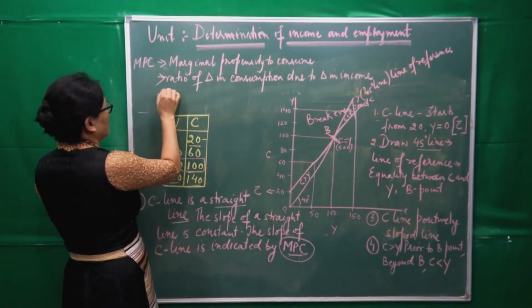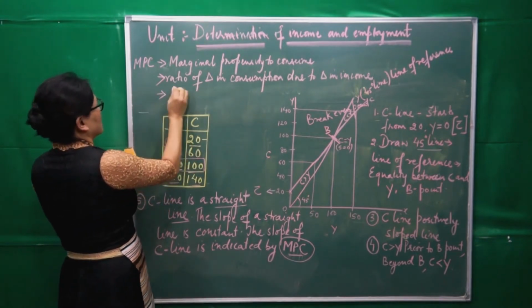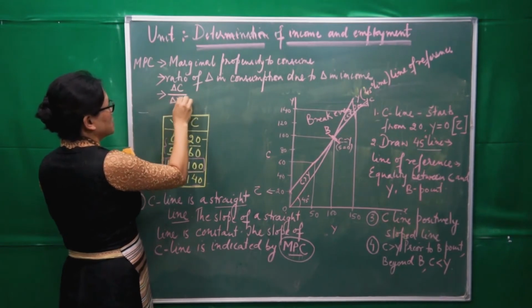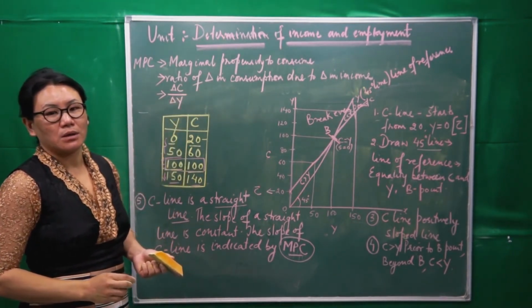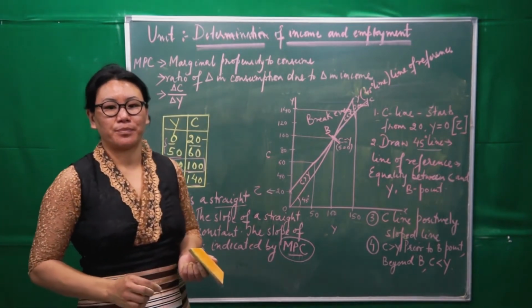Now, the MPC formula is change in C, that is consumption, upon change in Y. Now, what does this MPC show?